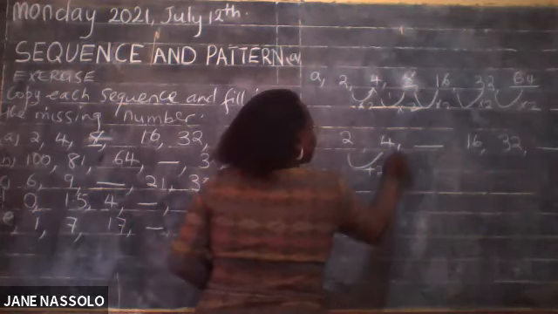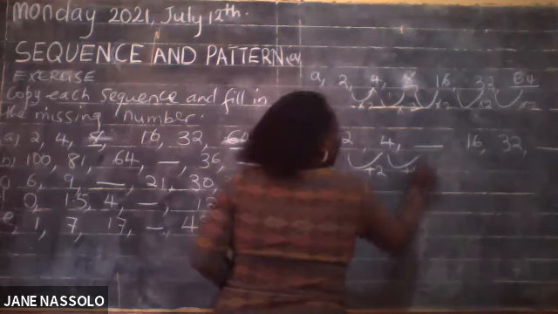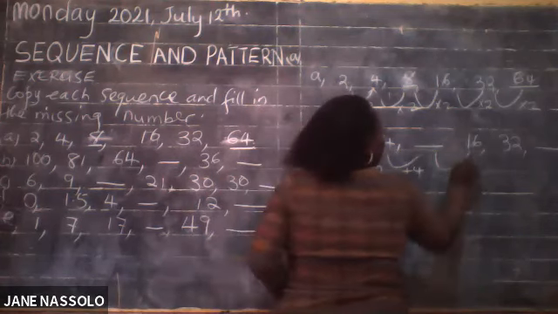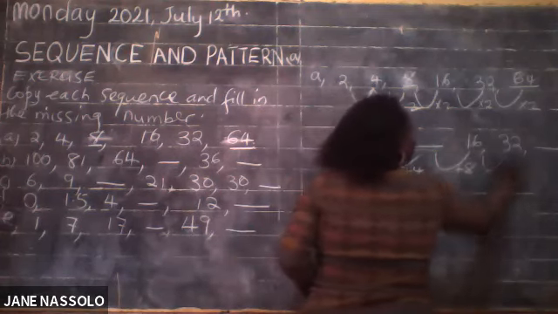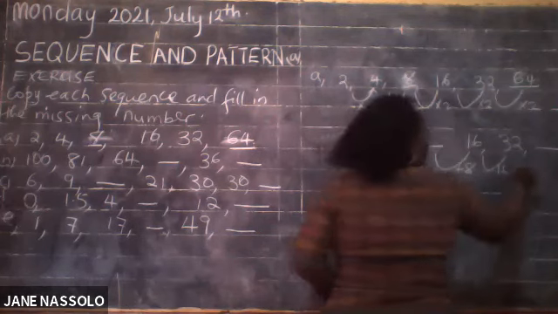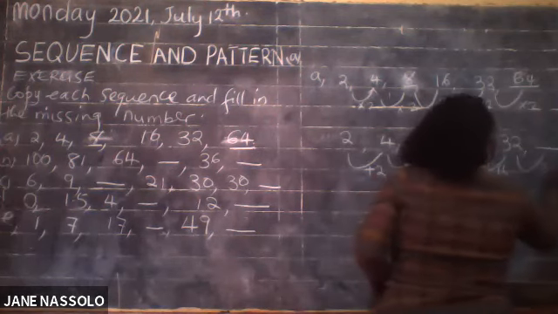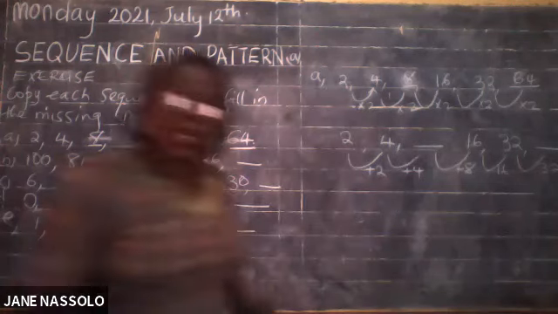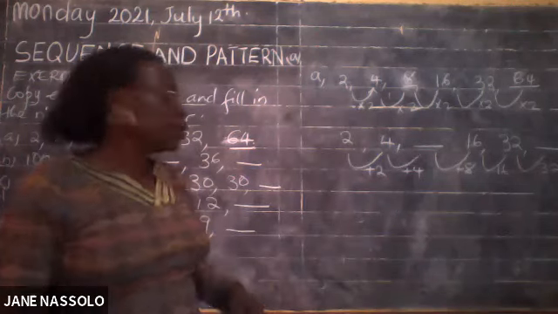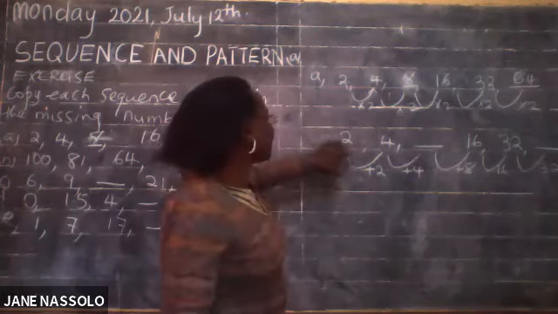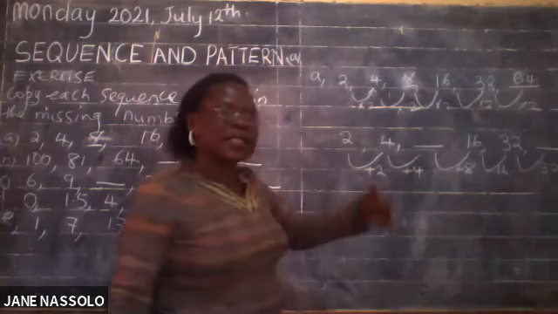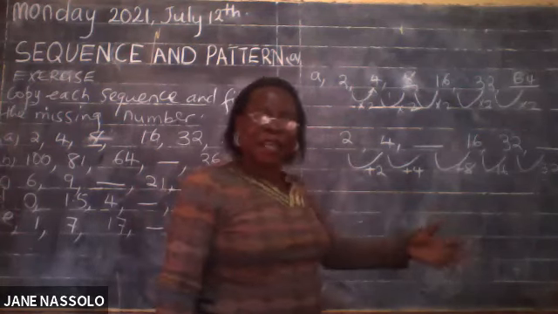Add 2, add 4, add 8, you add 16, you add 32. Thank you very much. That alternative is also giving us the answer. We have 2 plus 2, so you double the number, in other words.